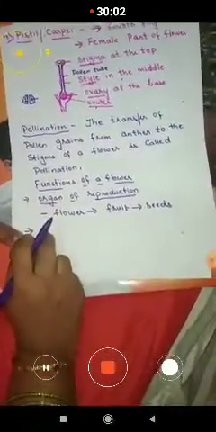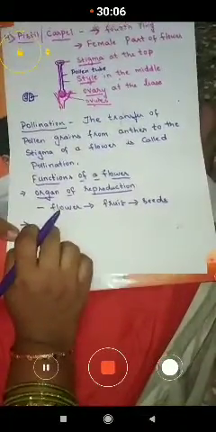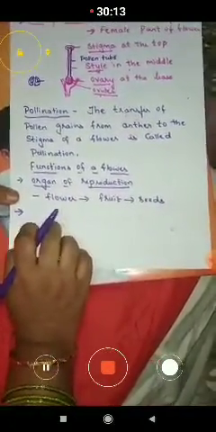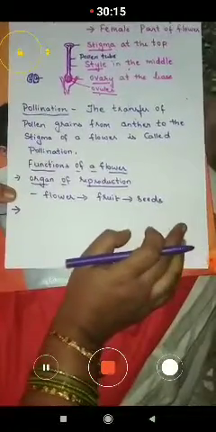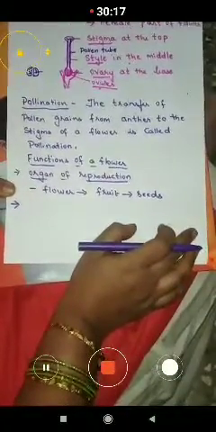So now we'll move on to the second function of the flower. As we know, in your puja room your mother will be using the flowers, and the flowers which are grown in your home, your garden. Why? Because of their beautiful fragrance, to offer to the god.